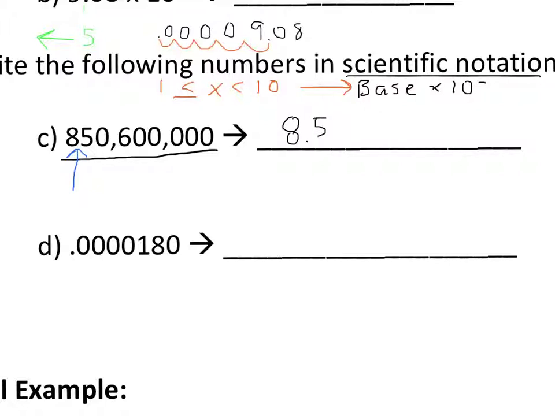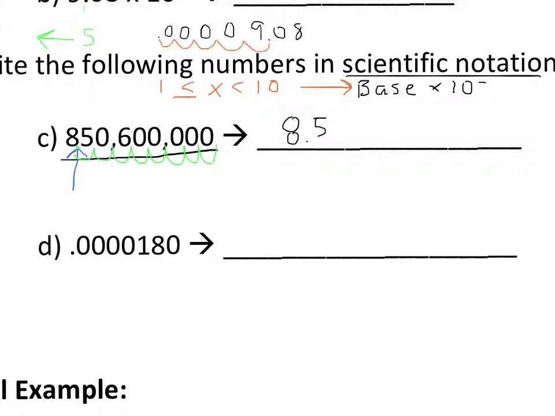Now, we need to count how many decimal places we need to go to the right in order for us to express this in scientific notation. So if our decimal place was right here, we would need to go 1, 2, 3, 4, 5, 6, 7, 8.